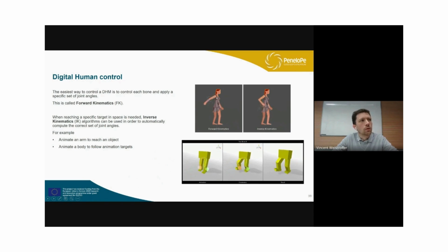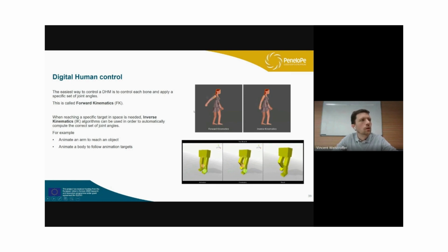You give an angle for the shoulder, you give an angle for the elbow, and at the end it gives you a specific posture. If you want to reach a specific target in space, then you need to automatically compute what the joint angles should be to reach this target. And this is called inverse kinematics.